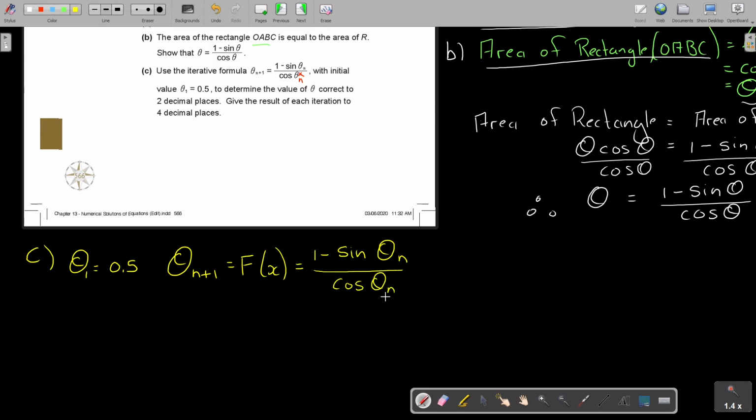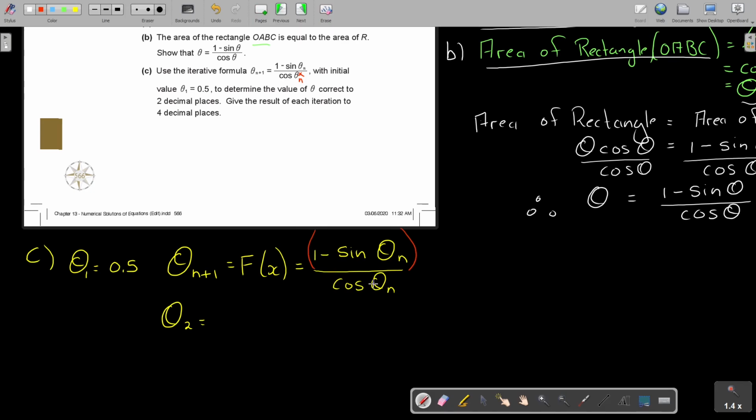So I'm going to put in my calculator, 0.5, and then I'm going to press equal. Now I will get theta 2. And now I will put a bracket, because if you don't put a bracket, then only this cos will divide. Are you with me? It's actually this whole 1 minus sin theta that must divide.